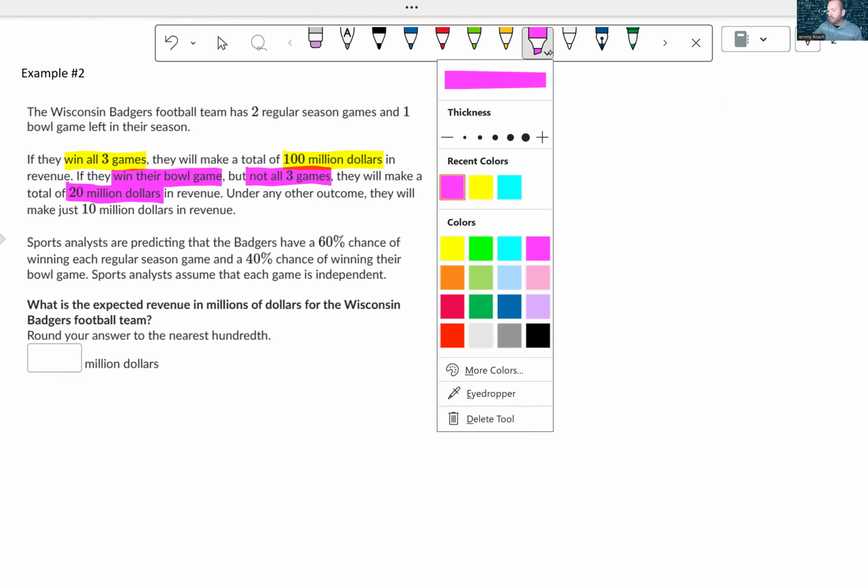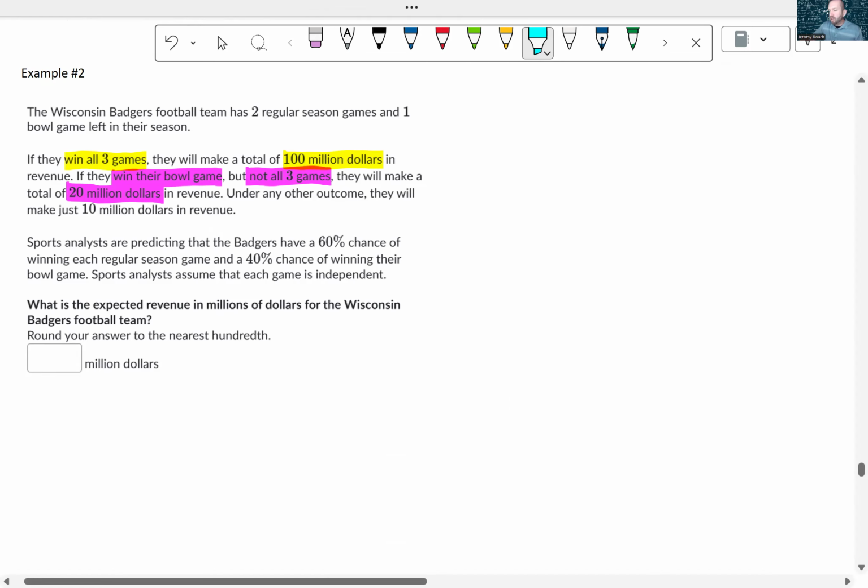And then finally, under any other outcome, they still win just $10 million. So they've played many games already. They just have three to go. So it says under any other outcome, no matter what happens, they still make $10 million.